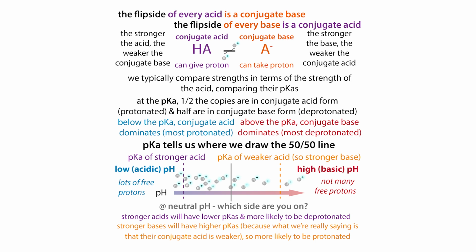So a 1 pH difference might not sound like that much, but it actually is a lot. If you go 1 pH unit below the pKa, now you have more protons available. You're going to have 10-fold more protonated. And if you go above the pKa, you have fewer protons available. You're going to have 10 times less protonated.